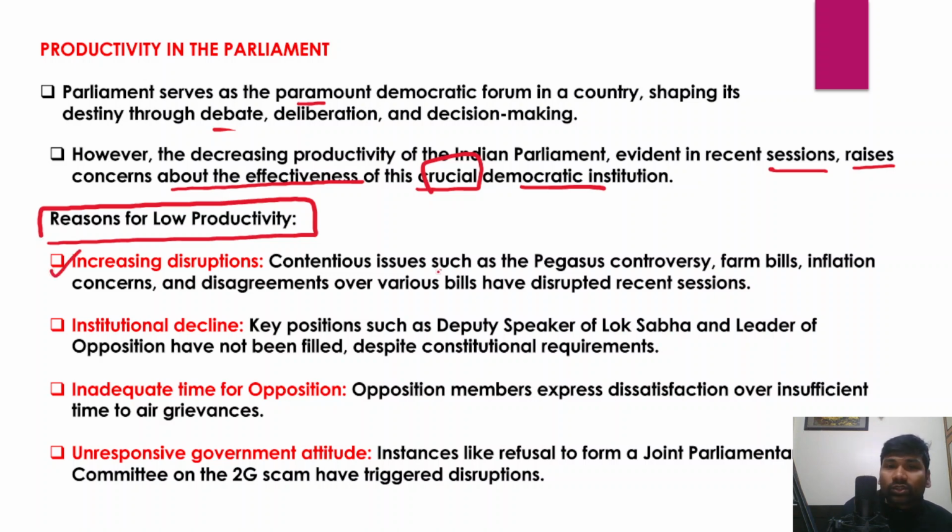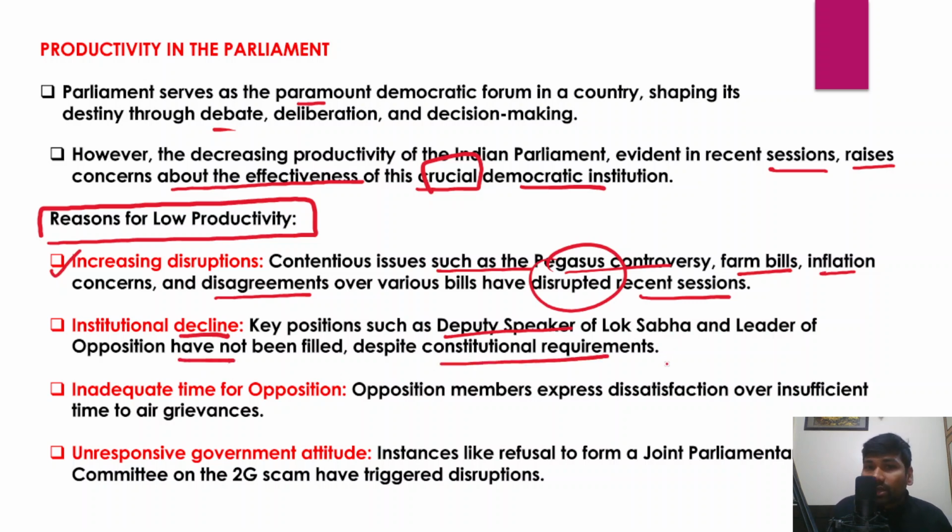Particularly, contentious issues such as the Pegasus controversy, farm bills, inflation concerns, and disagreements over various bills have disrupted recent sessions. Similarly, institutional decline is another serious aspect. Particularly, key positions such as Deputy Speaker of Lok Sabha and Leader of Opposition have not been filled despite the constitutional requirements. And similarly, inadequate time for the opposition is also another major reason.